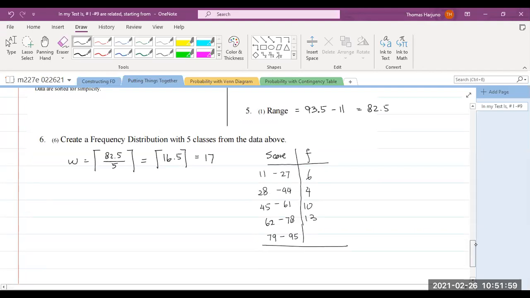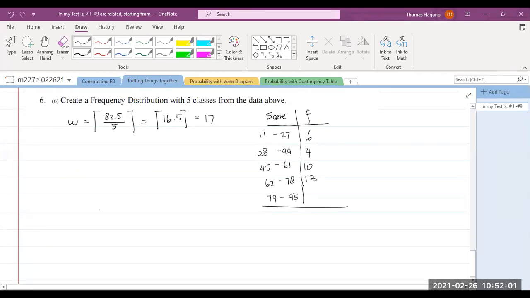And the last class is 10. I add this: 10, 13, 43. Yes, we have 43 data. So we are good now. So that's for question number 6. Let's go on with question number 7.